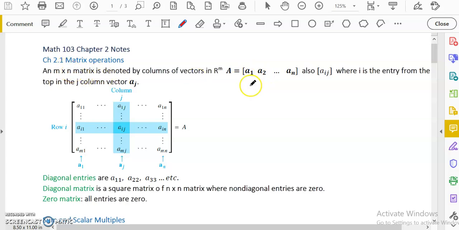M is the number of rows, and then we have n columns. Technically, we say the dimension of the matrix is m times n: m rows and n columns.